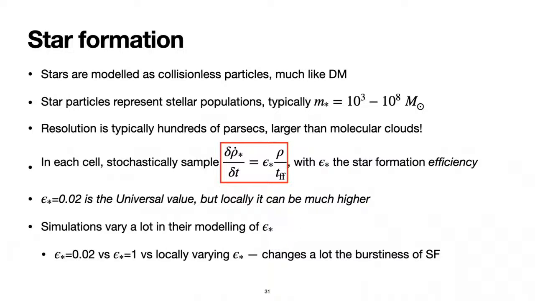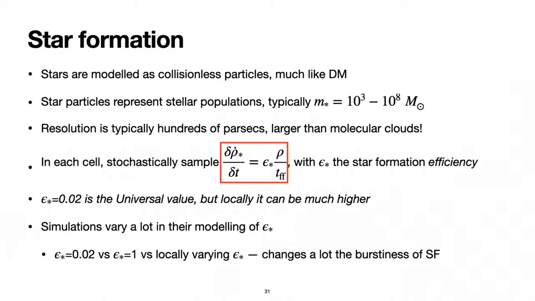So you decide usually a density threshold above which you start to allow stars to be formed. And then you form stars at a rate corresponding to a star formation efficiency over a free-fall time times the density of the gas. The star formation efficiency, there's a lot of ideas about what you should use for that. In the beginning, for most cosmological simulations, you use the cosmological average star formation efficiency, which is about 2%.